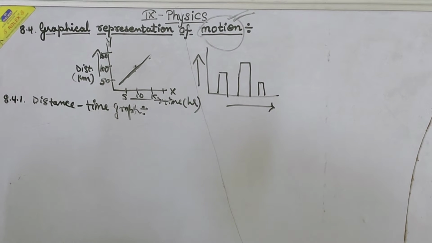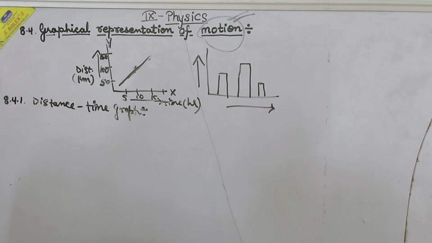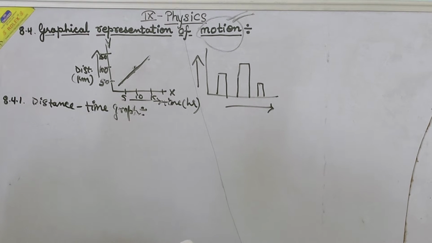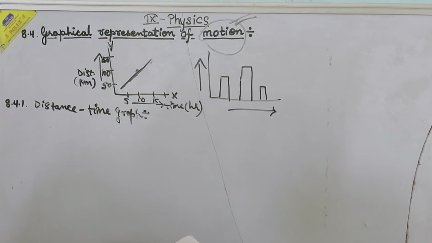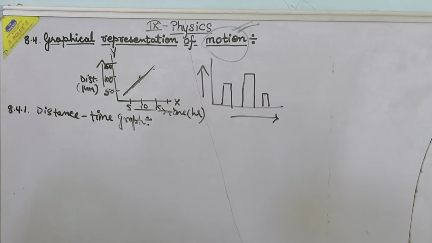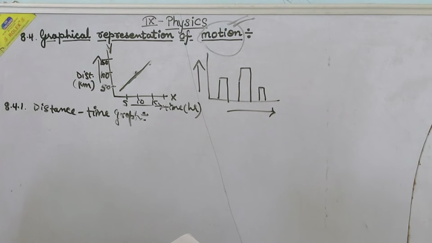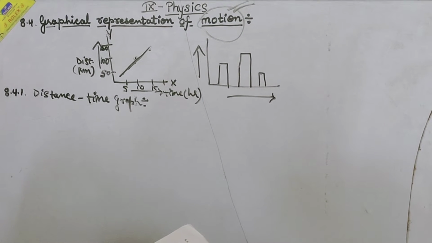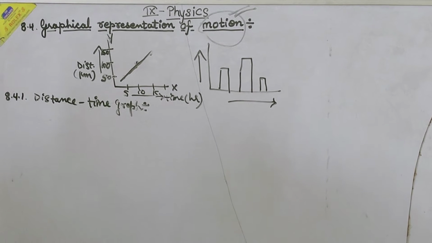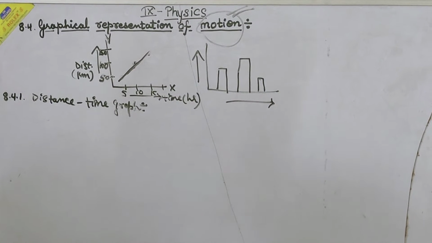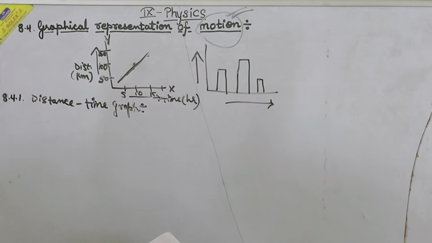So in 20 minutes our object covers 10 kilometers, in 40 minutes it covers approximately 35 kilometers, and in 60 minutes the object will cover 40 kilometers. So this is the uniform speed graph.